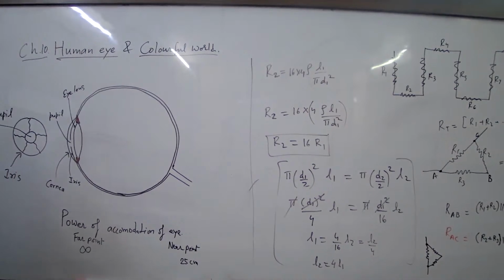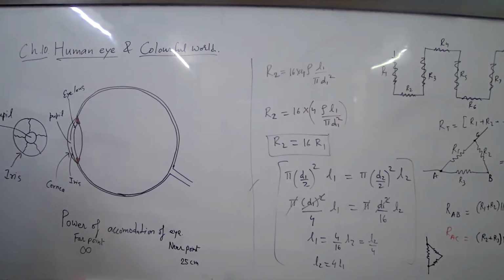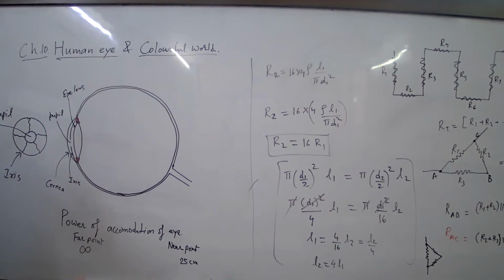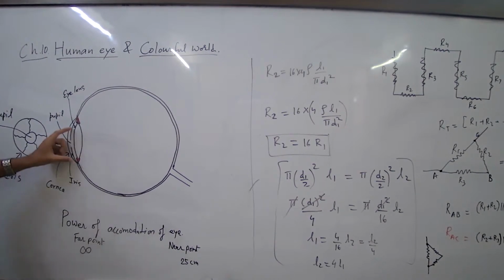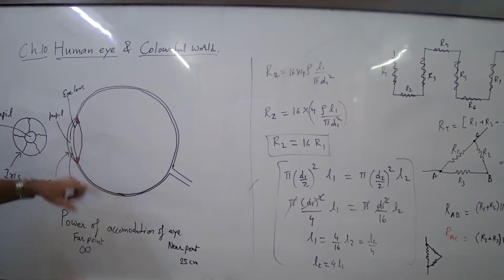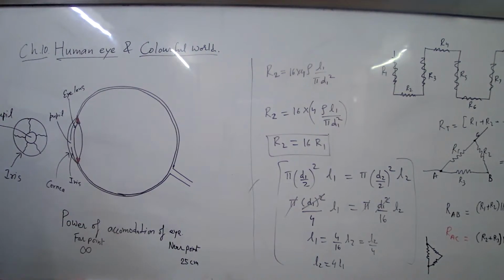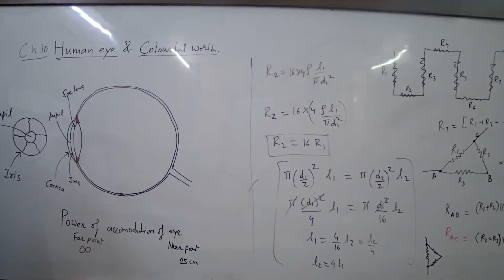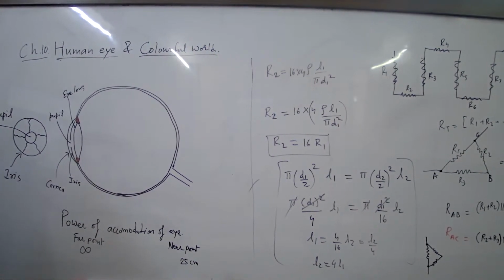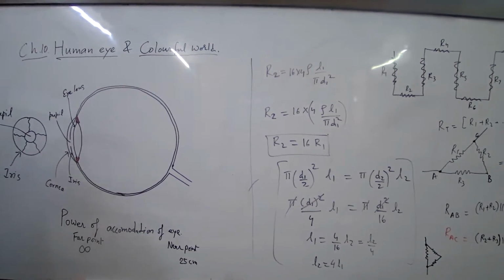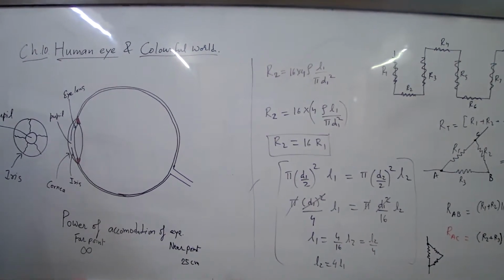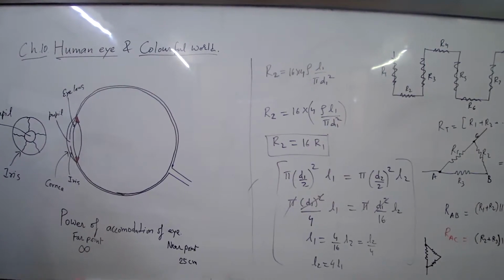So whether the object is far away or near, the focal length of the lens is automatically adjusted by the action of the ciliary muscle, and this is called power of accommodation. Is it possible that the object is so close that you cannot see it? Yes, it is possible. Keep your book near your eye. Can you read it?